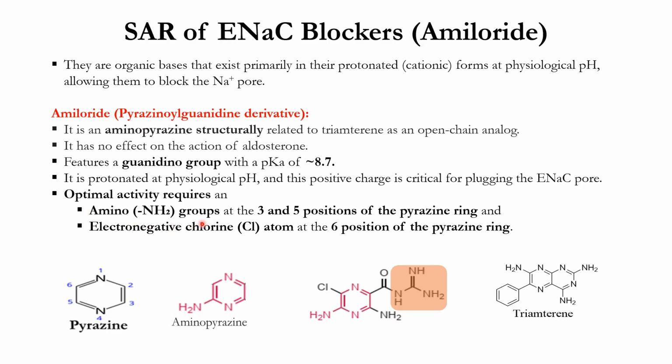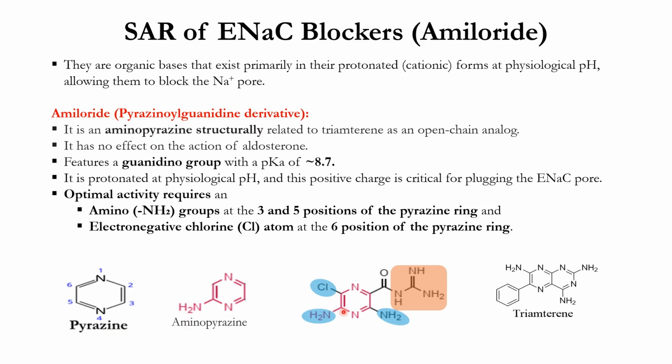The amino groups should be found at position 3 and 5 of the pyrazine ring system. That's one important requirement to bring the optimal activity. Another thing is that an electronegative chlorine should also be found at position 6 of the pyrazine ring.